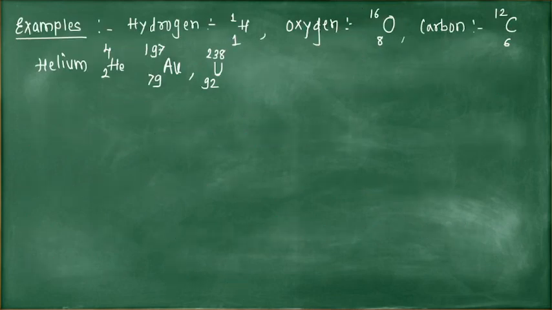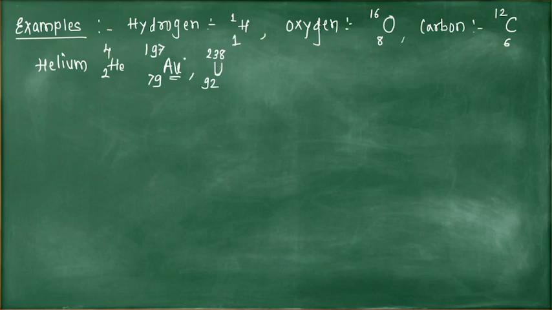For example, you have studied in chemistry, hydrogen 1H1, oxygen 8O16, carbon 6C12, helium 2He4, for Au, that is gold, 79Au197, and here it is 92, 238, this is uranium.